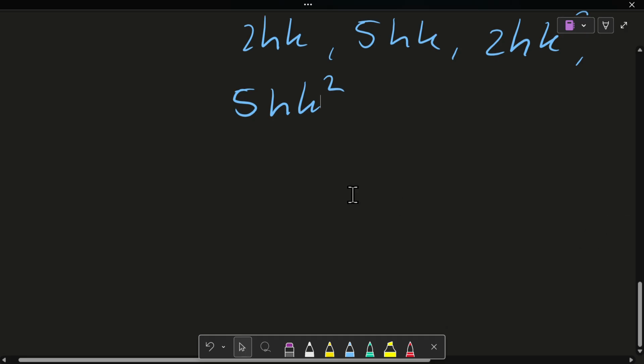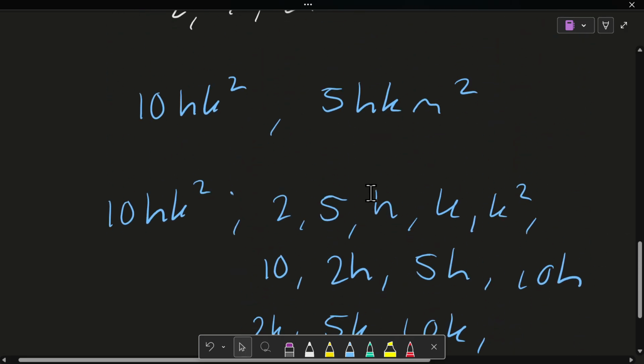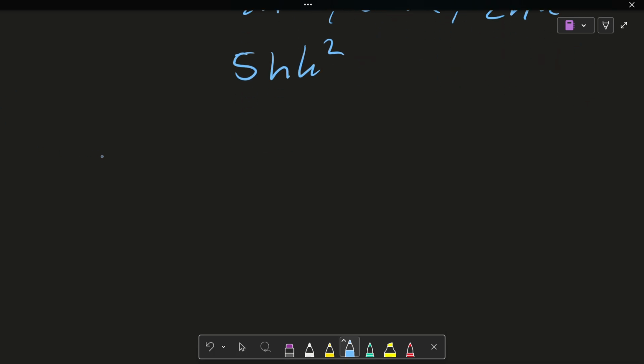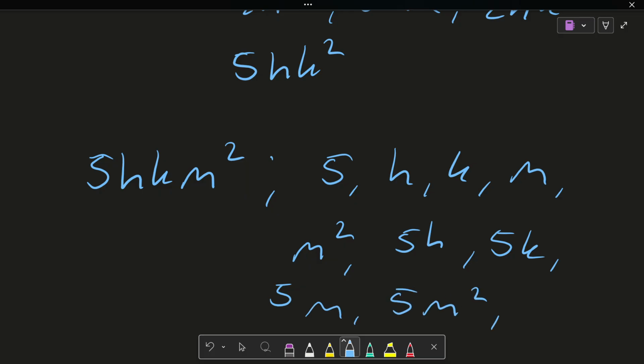Now let's go to the next one, which is 5hkm square. So these factors will be 5, h, k, m and m square. Next is 5h, 5k, 5m, and 5m square.